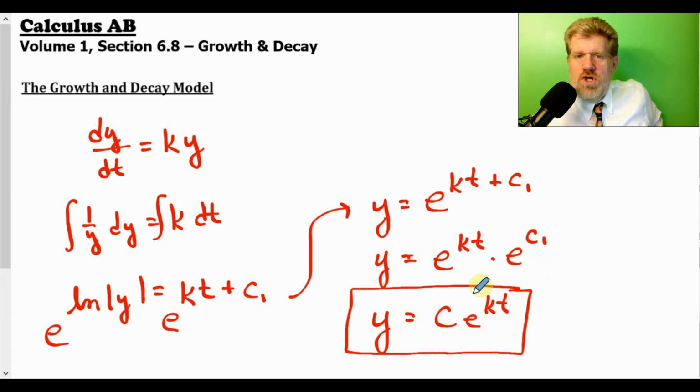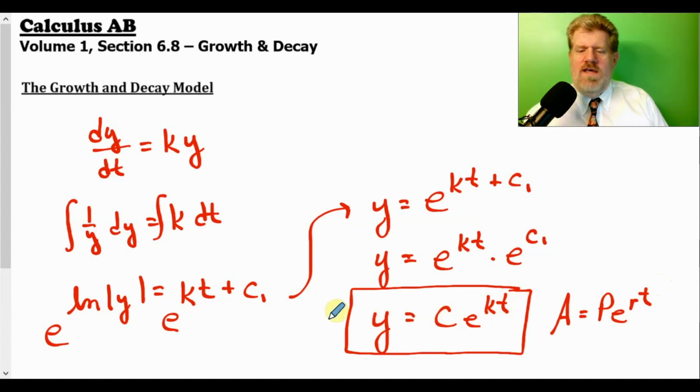Now, does that look familiar to you? If you remember last year, remember PERT? You usually did it with money. The amount of money you have is calculated by the principal, which you start with, multiplied by e to your interest rate times how much time you leave the money in the bank. Look at that. It's the exact same formula. This is where it comes from.